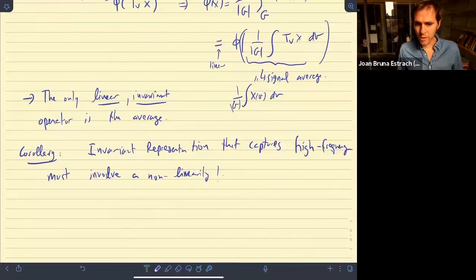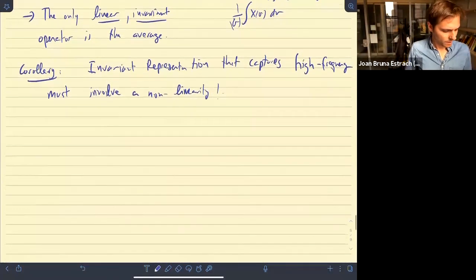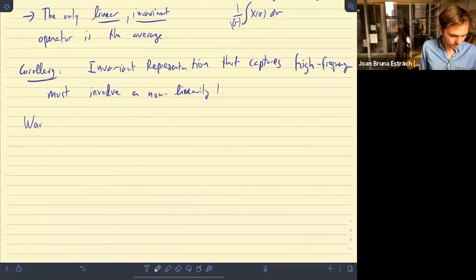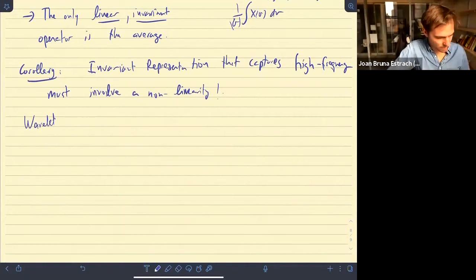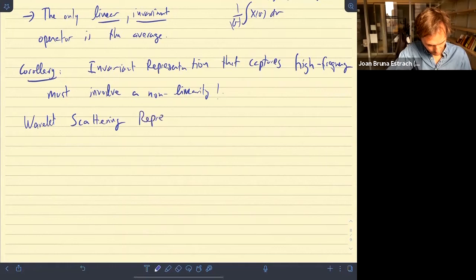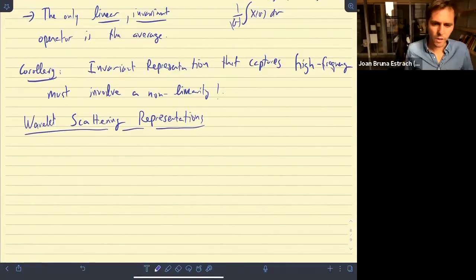So we need to go nonlinear. For this, we are going to finally introduce the wave-based scattering representations. We are going to see how we can complement this low-pass filter, and how we naturally need to use a nonlinearity to do that.